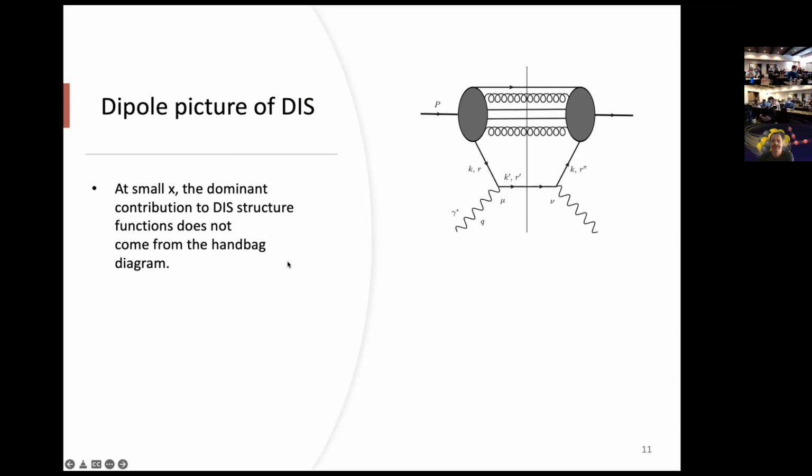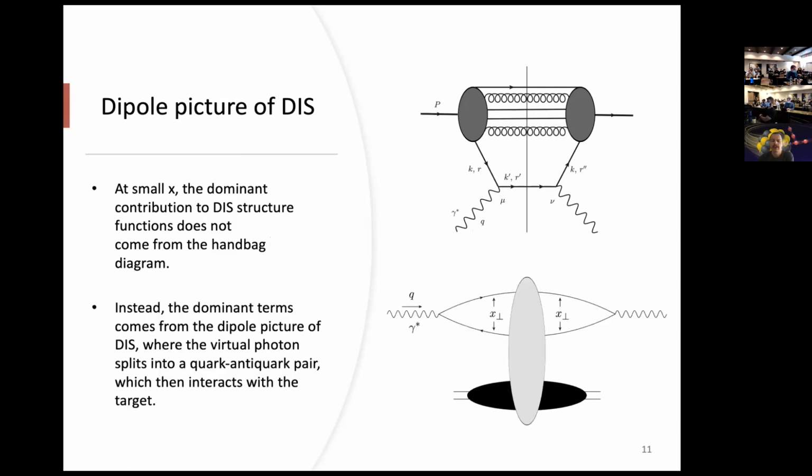But this is not where you want to start if you're doing small x calculations. At small x, there is another contribution, which is shown down here. Again, I keep swapping the position of the proton and the virtual photon. So in my lower diagram, the virtual photon is again on top and the proton is at the bottom.